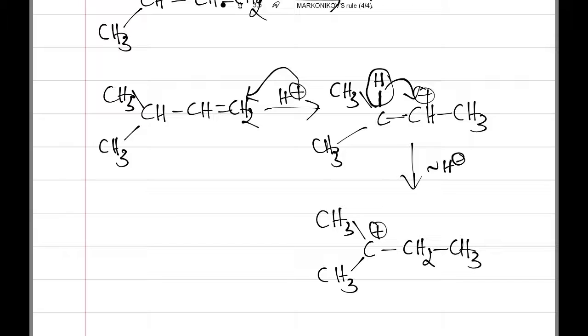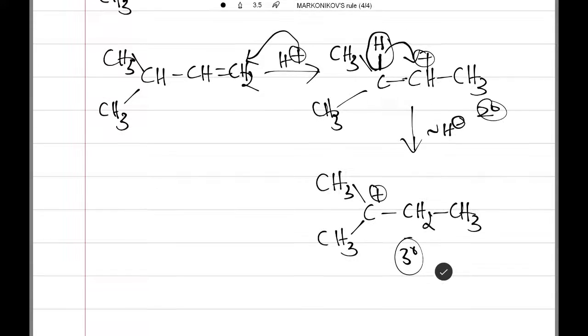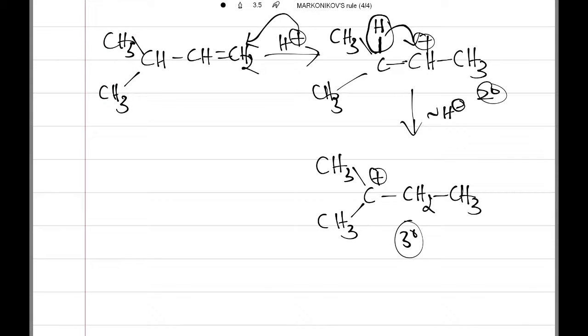Initially it has a secondary carbocation. After rearrangement, we get the tertiary carbocation, which is the most stable. According to our Markovnikov reaction definition, H plus attacks the side with more number of hydrogens, and the negative part of the reagent is attached to the more stable intermediate after rearrangement.